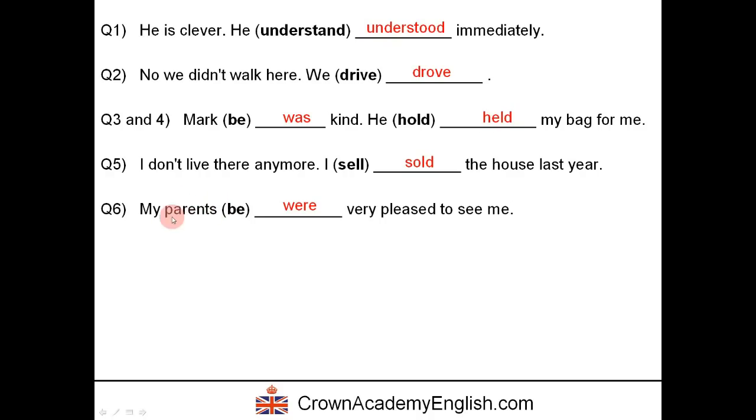My parents, that is plural. So this is the third person plural, which is were. Realize here that this was also the verb be, but this was the third person singular. This is plural, were.